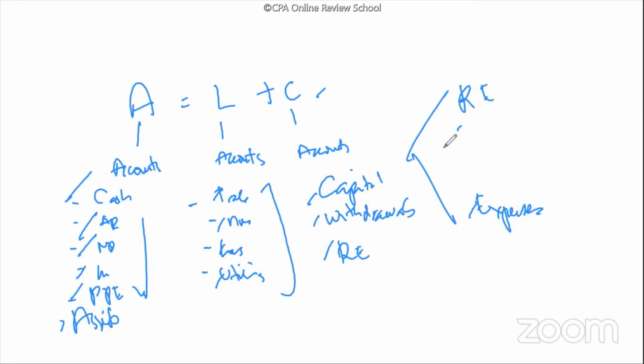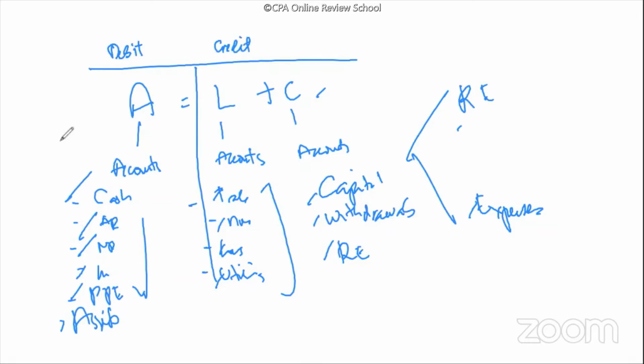As a general rule, for assets equals liabilities plus capital, just make a T account. This is the debit side, this is the credit side. The normal side, or normal balance, of assets is debit.